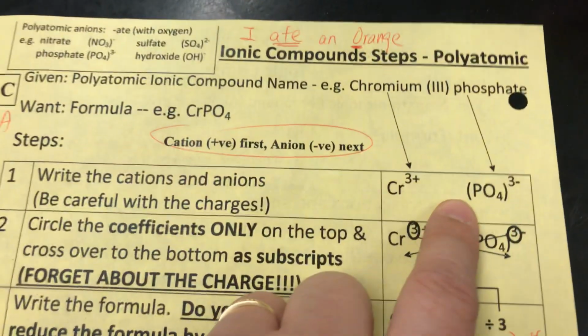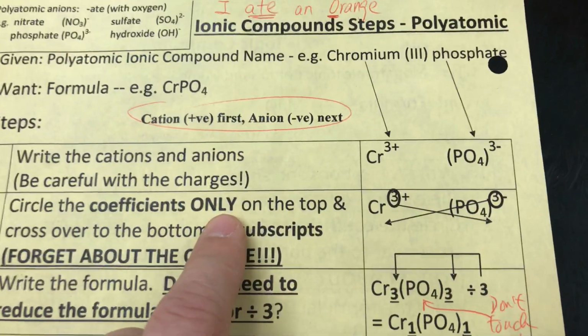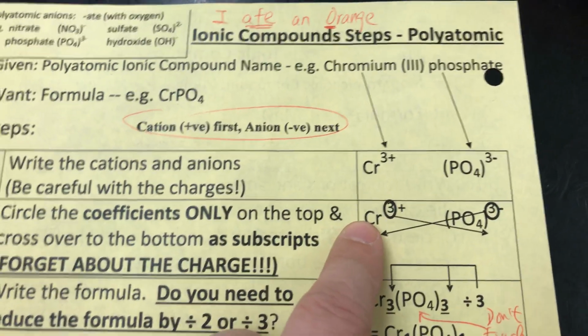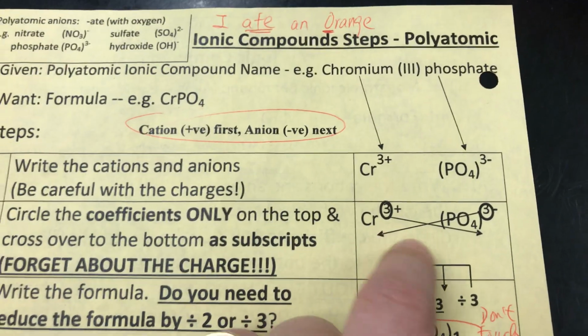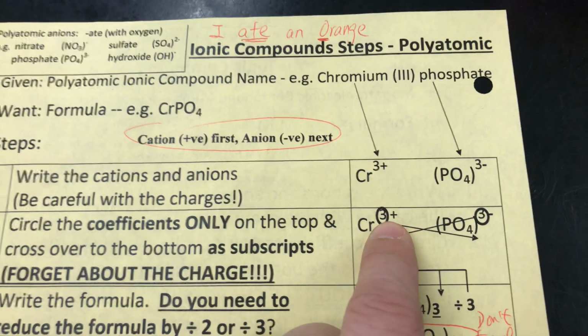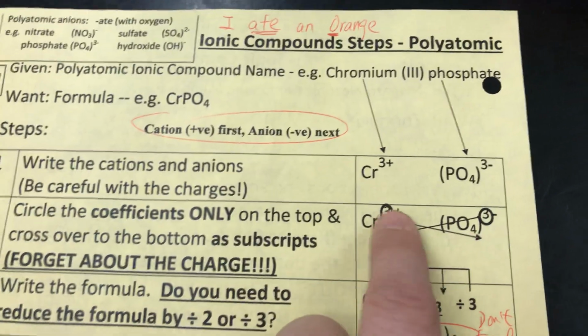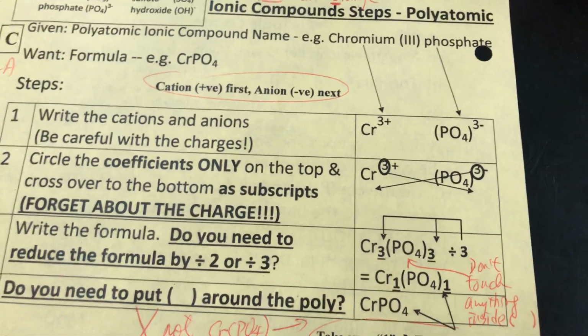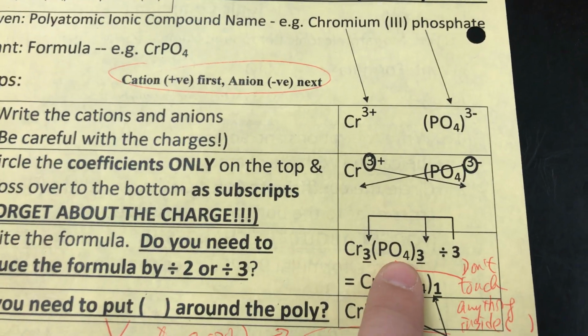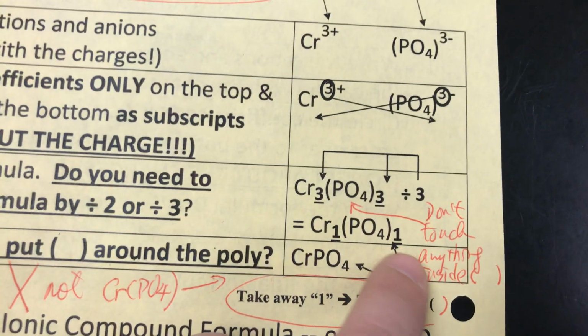That's step 1. Step 2, you circle the coefficient only on the top and cross over to the bottom as subscript. Do not touch the charges, just like in A1. Step 3, you write the formula. Here, you cannot touch anything in the parentheses.